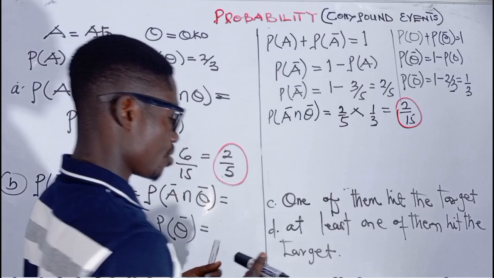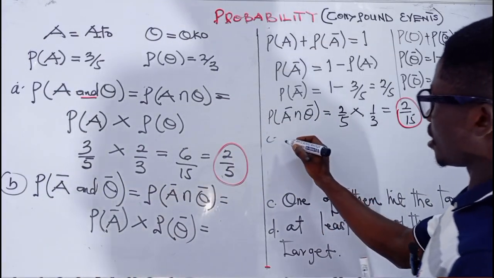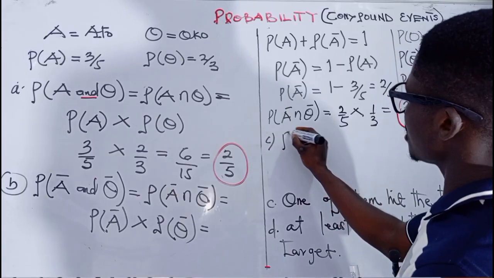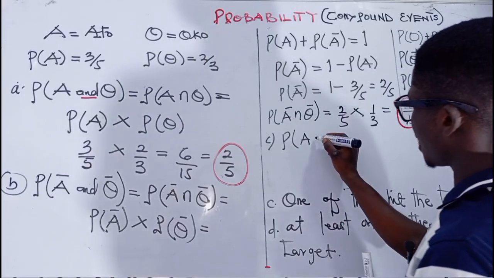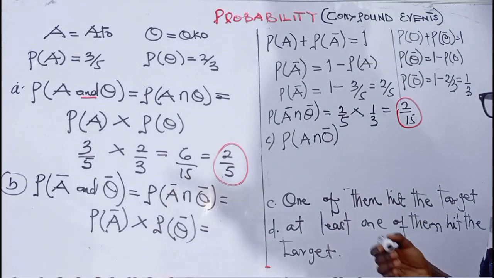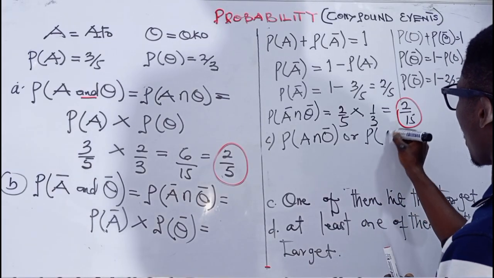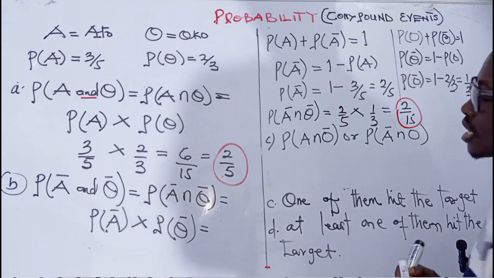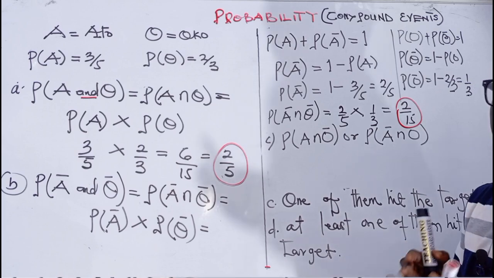So we have the probability that Ato hit the target and Oko couldn't hit the target, or the probability that Ato couldn't hit the target and Oko was able to hit the target. We are looking at one of them was able to hit the target.